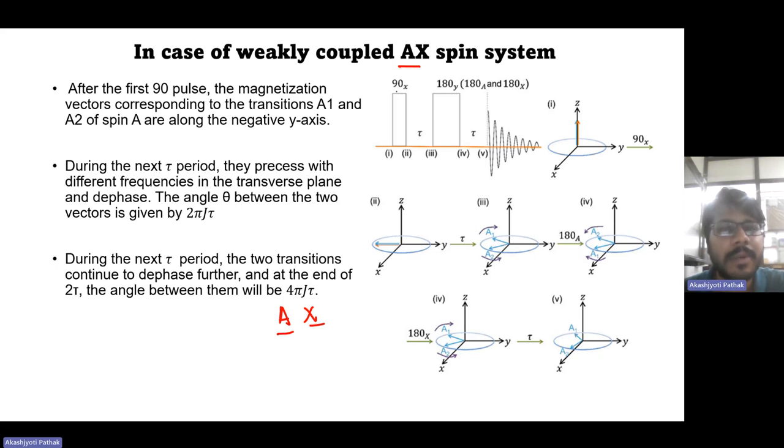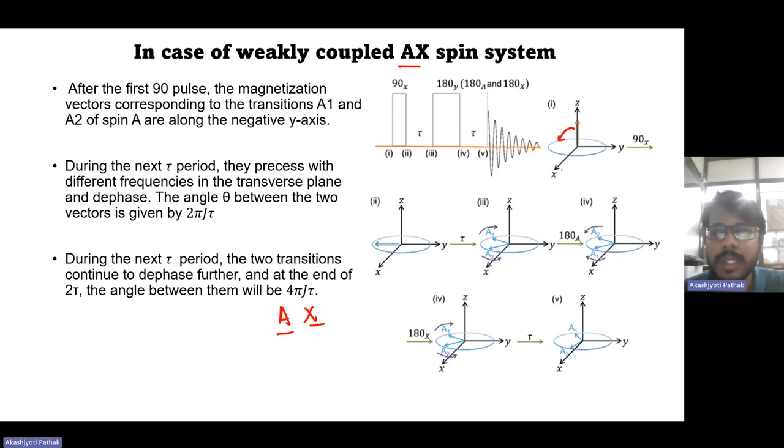In the case of a weakly coupled spin system, after the first 90-degree pulse, the magnetization vectors corresponding to the transitions A1 and A2 of spin A are along the negative y-axis. It is similar to what we had seen for the non-coupled spin system. When this 90-degree pulse is applied, both magnetizations will flip to the negative y-axis. Now during the next tau period, they precess with different frequencies in the transverse plane and dephase.